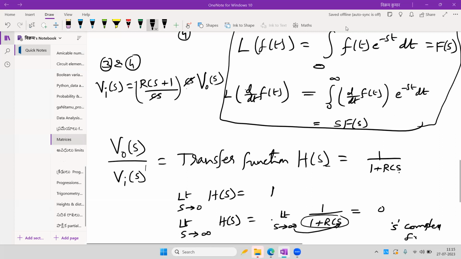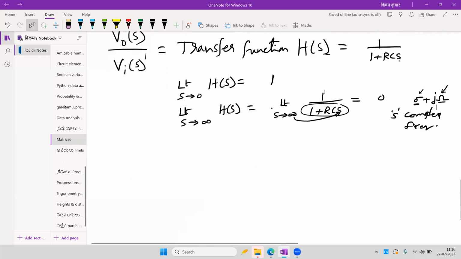Recording. Okay, going on. So s is nothing but complex frequency. That means it is nothing but sigma plus j omega. This omega is the frequency. Sigma also is frequency. This is the real part, this is the imaginary part.